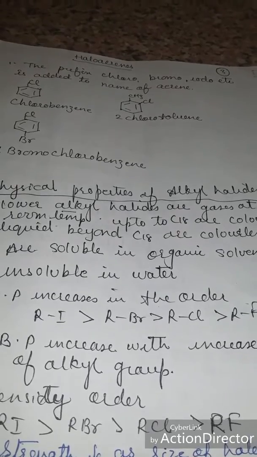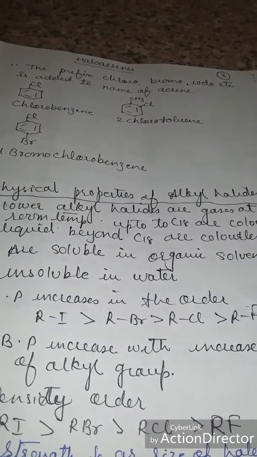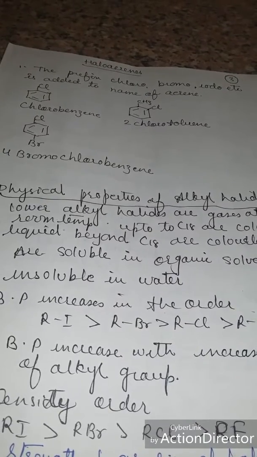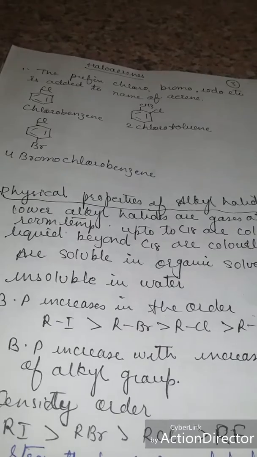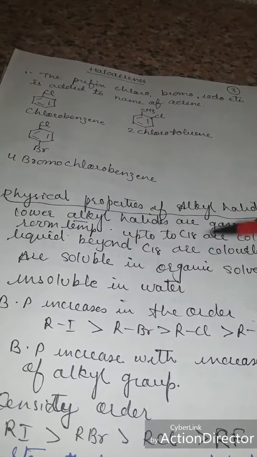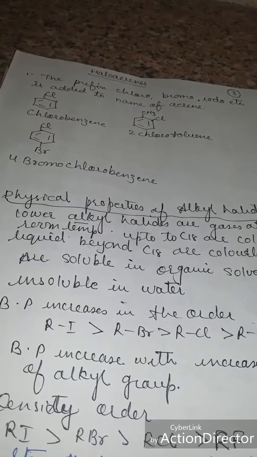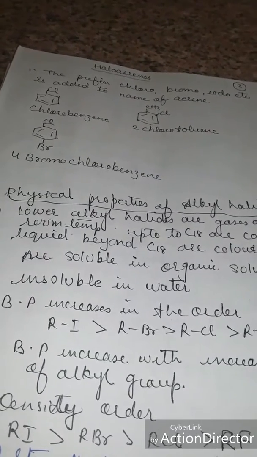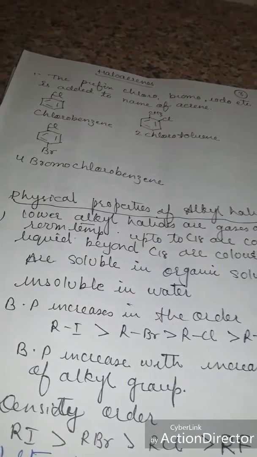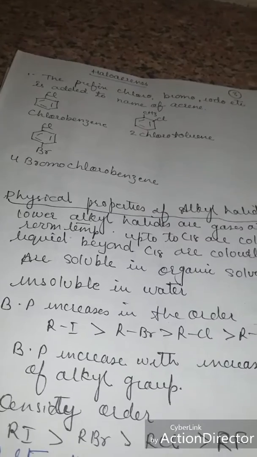When we talk about the physical properties, the lower alkyl halides are gaseous in nature. Up to carbon 18 they will be colorless liquids, and beyond carbon 18 they will be colorless solids. They are soluble in organic solvents, but they are not soluble in water, because in water they cannot form proper hydrogen bonding.